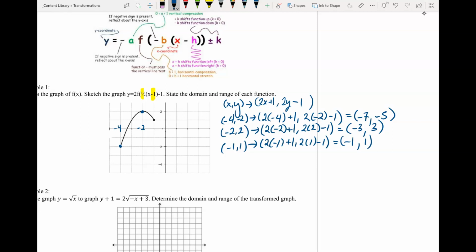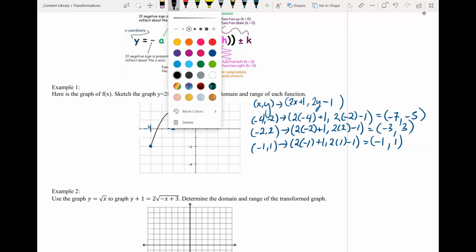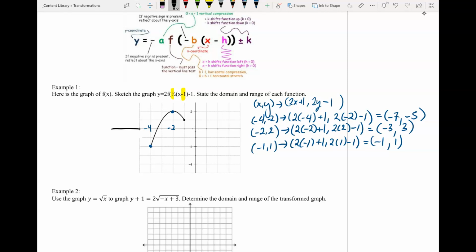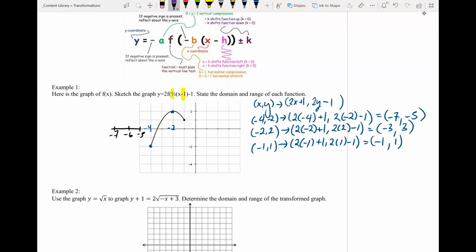These are the points we're going to graph. And we will have to extend our graph a bit because it goes off the grid. Okay, so we have a point at -7, -5. -3, 3.